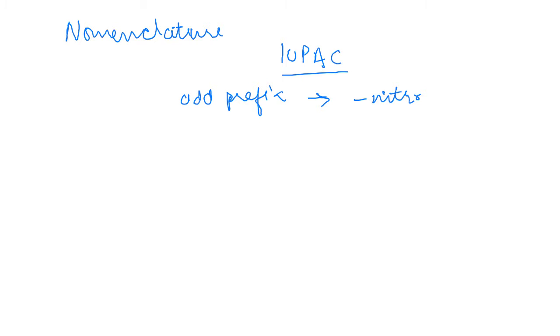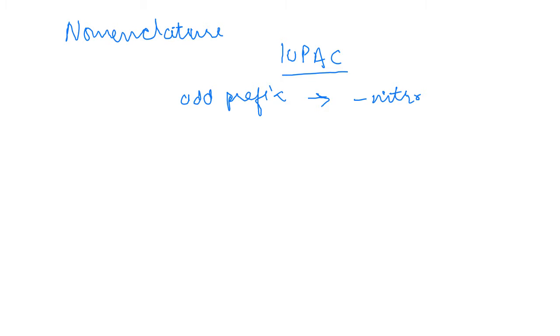If compound is aliphatic, then it is nitroalkane, whatever the number of carbon atoms connected to that nitro group, okay. And if the compound is aromatic, then it is nitroarene, and whatever the chain or whatever the ring is connected to the nitro compound, okay. So see the example here, means two type of nomenclature.